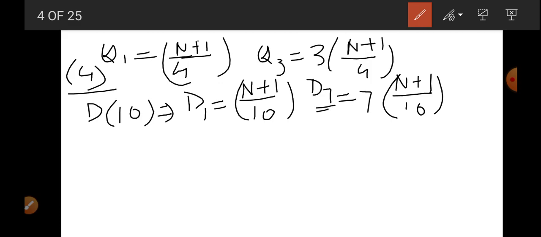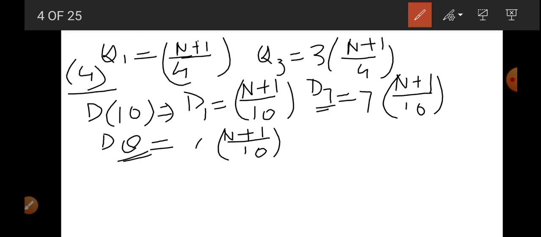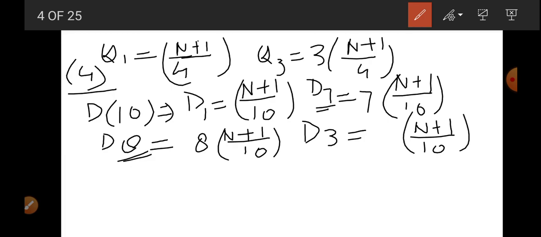If you want to calculate D8, first write the basic equation (n+1)/10, and outside write 8. Similarly for D3, we write (n+1)/10 and outside we write 3.